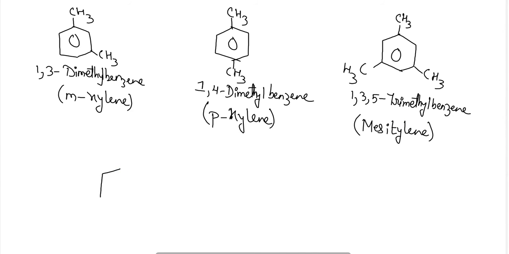Now a longer chain is attached here with the benzene ring, CH, CH3, CH3. Here we will consider this particular propyl chain as the side chain. The second carbon atom is attached with the benzene ring, so the name of this compound becomes 2-propyl benzene.